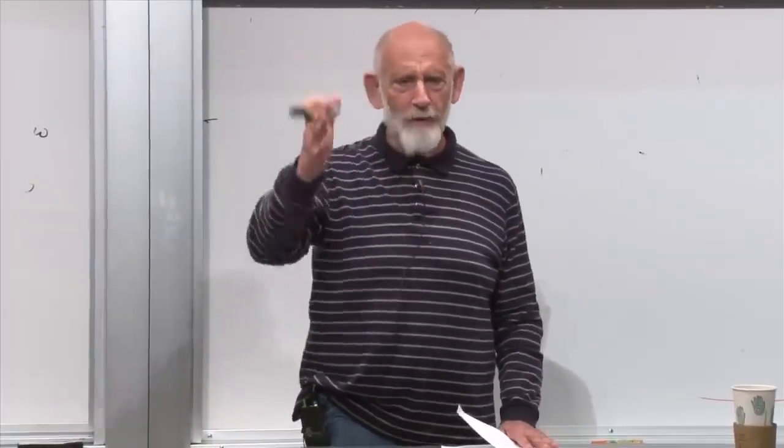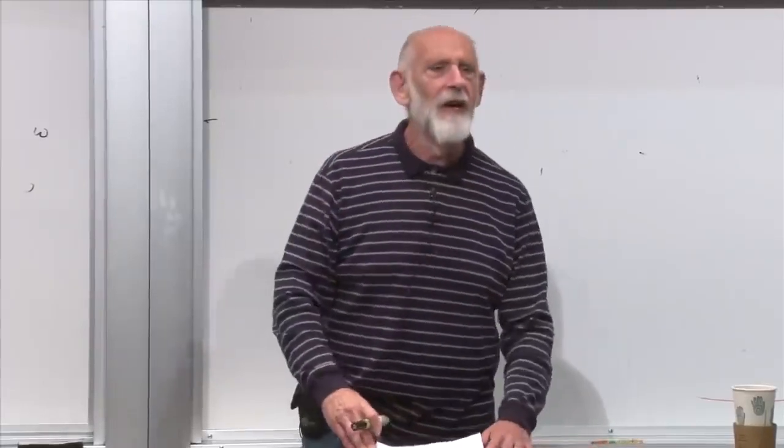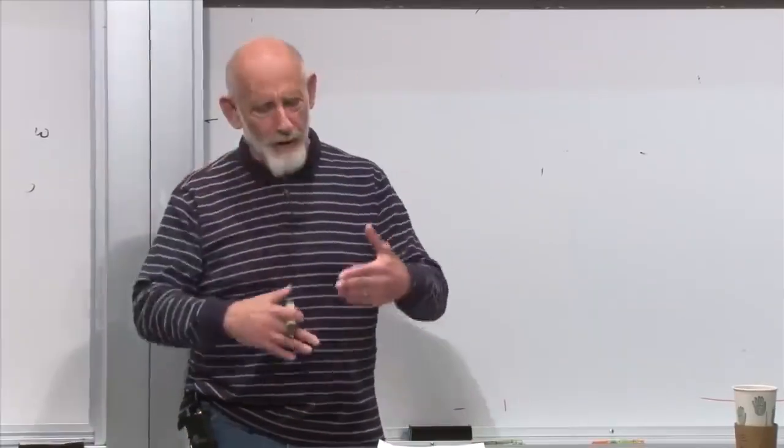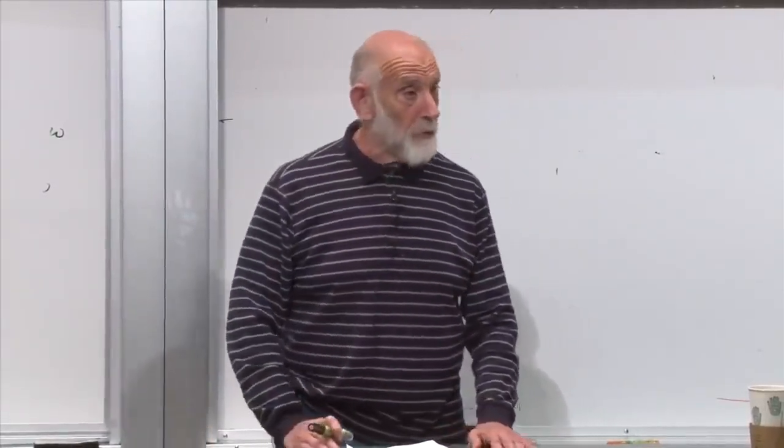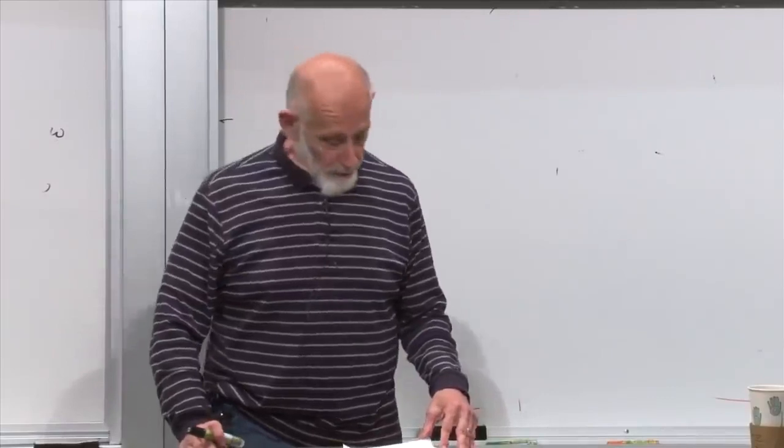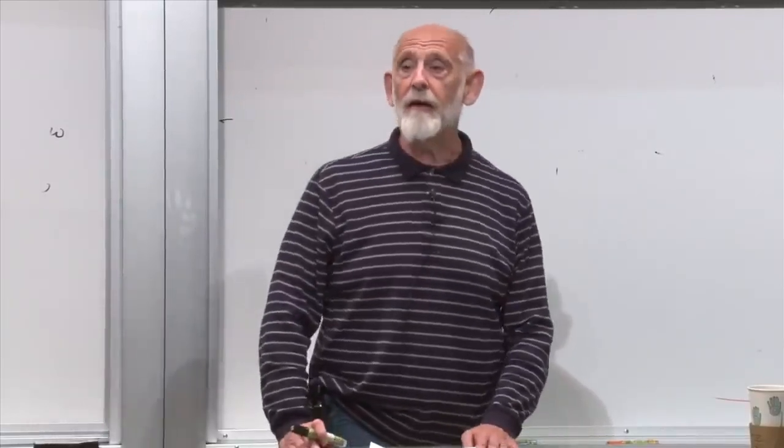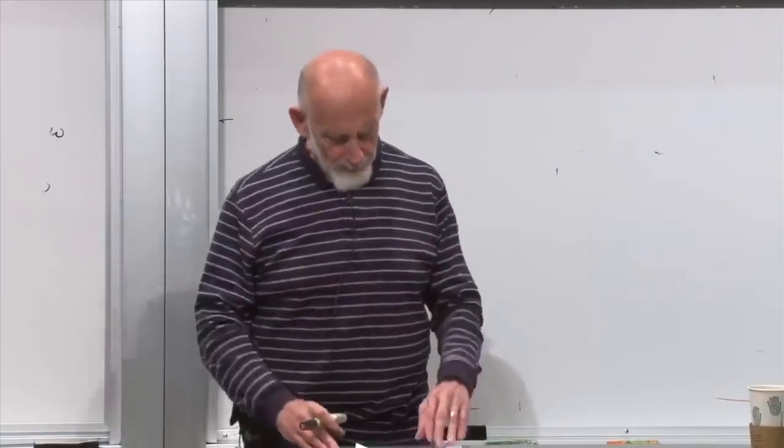A vector with upper indices and a vector with lower indices are really no different, except you change the sign of the time component. Of course, that's a special case of something much broader. It's a special case of manipulating vectors together with the metric tensor. But we're not doing the metric tensor yet.